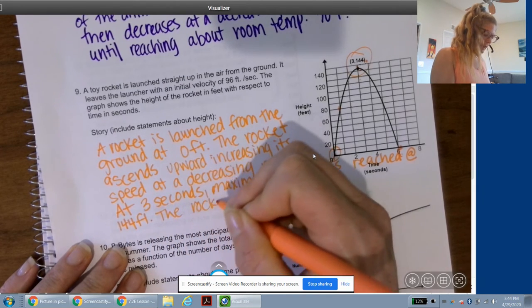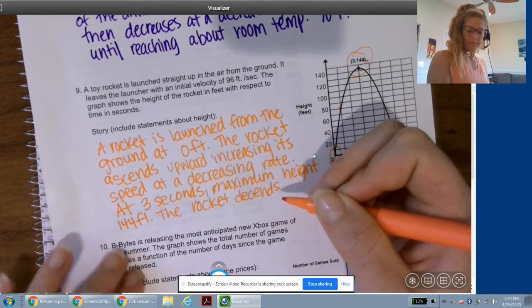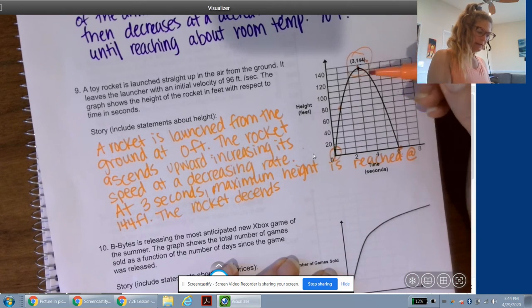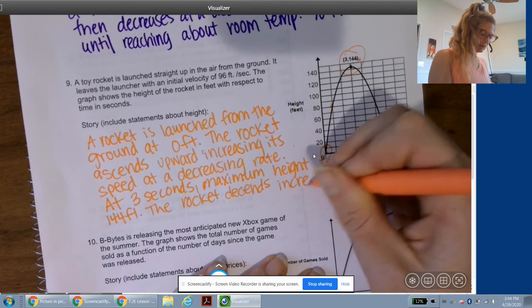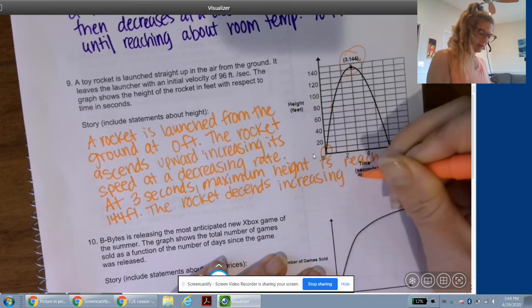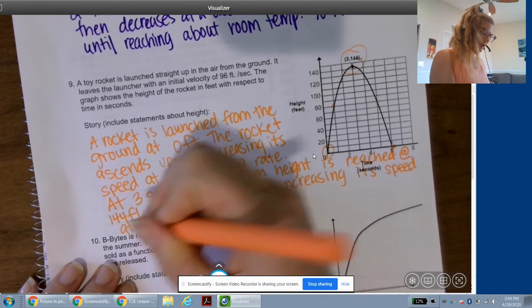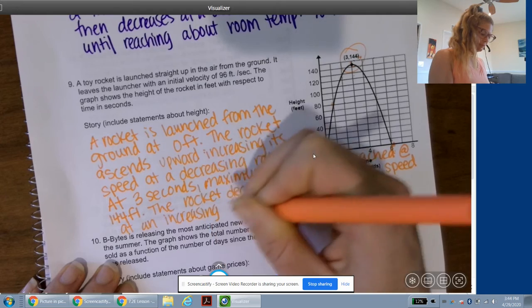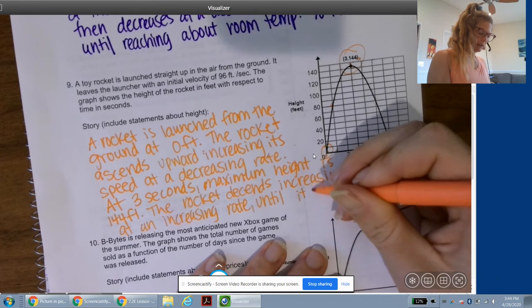The rocket descends, and notice as it descends, it's going to get faster and faster as it gets closer. So increasing its speed at an increasing rate until it hits the ground.